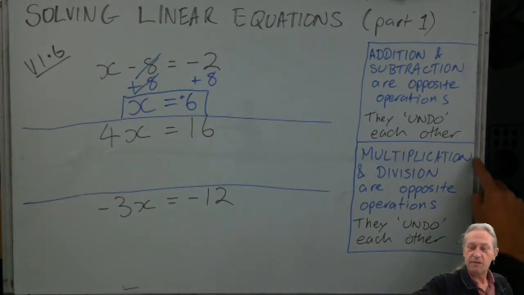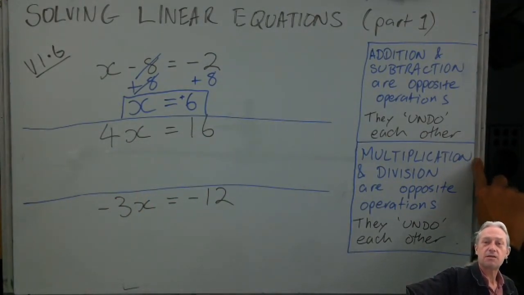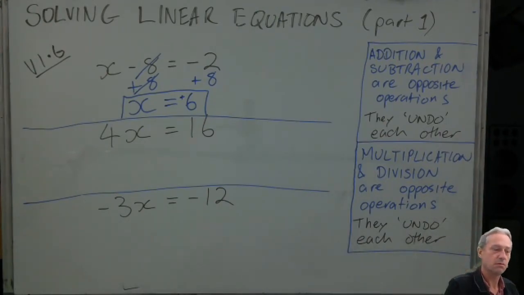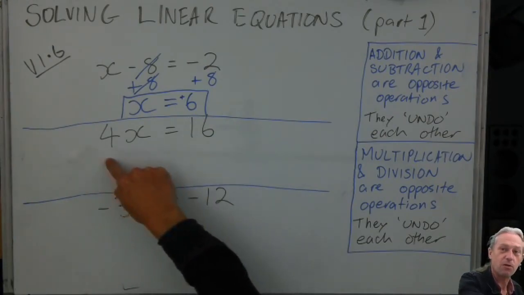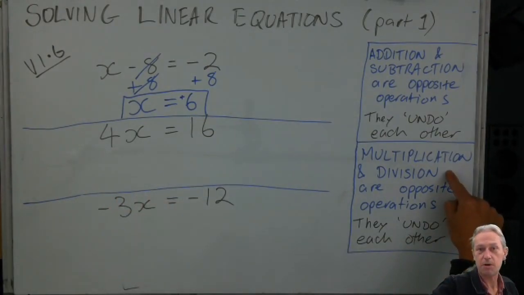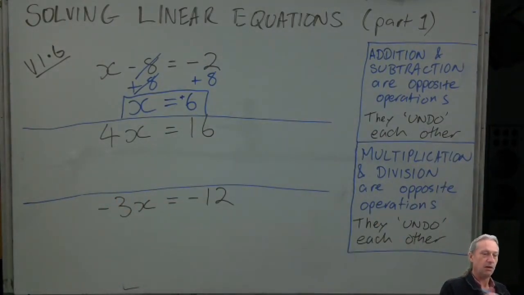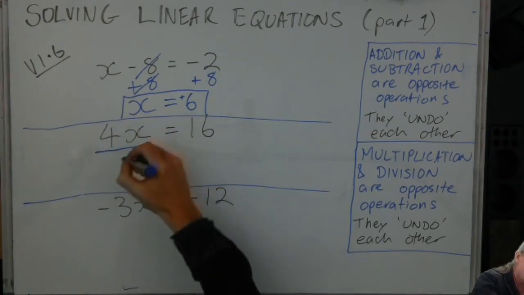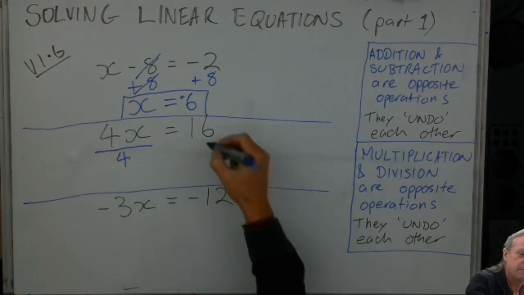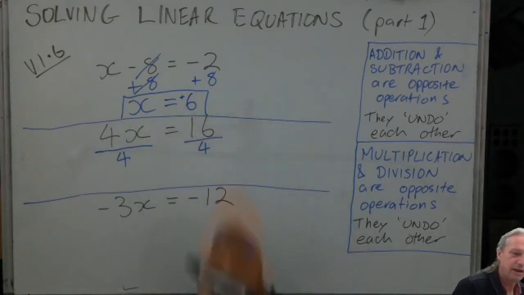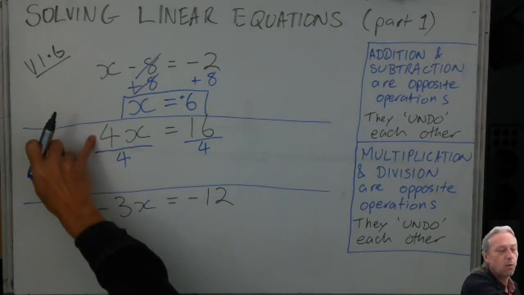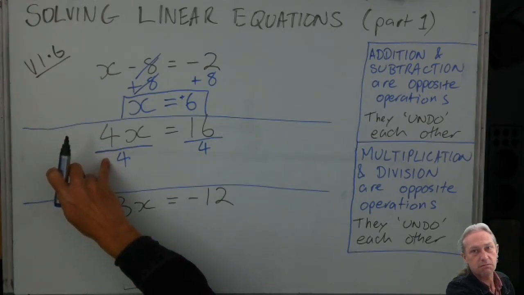So if this is 4 multiplied by x, then the way to undo this multiplying by 4 is to divide by 4. So the way I'm going to write this is as a fraction. So I'm going to divide by 4 like that, divide by 4 like that on both sides. So essentially 4, how many 4s? Well, 1.